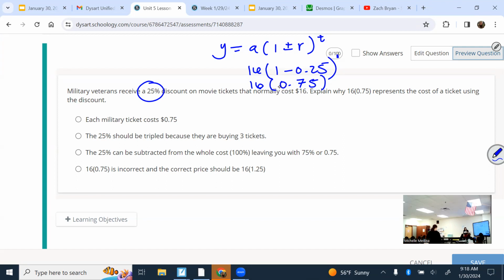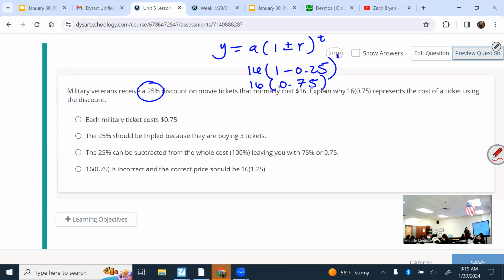Remember, this is showing me the price of one ticket after the discount is applied. So it's 16, which is the normal cost, times what it's keeping of its price, not what the discount is, what it's keeping after the discount.